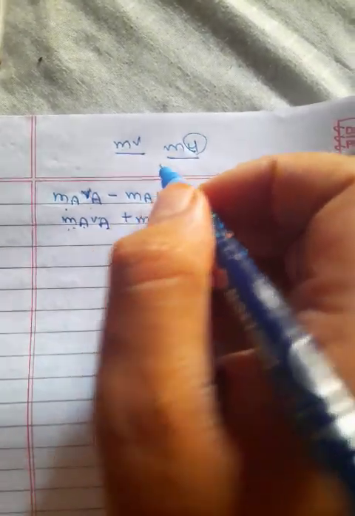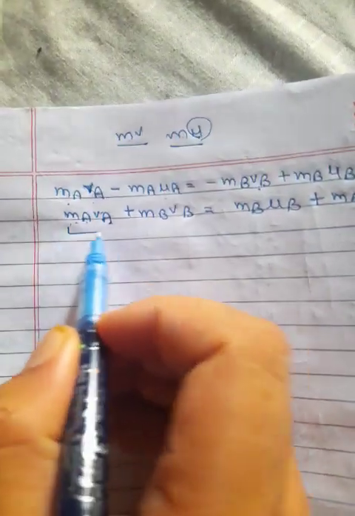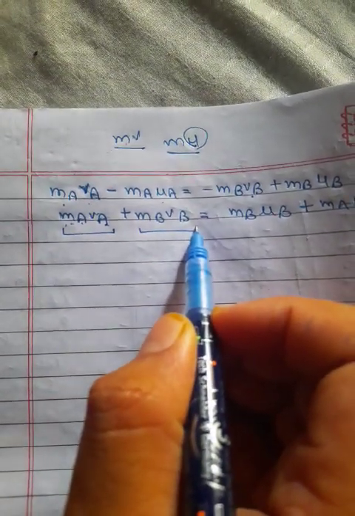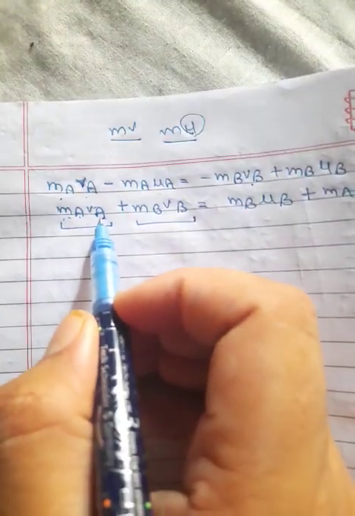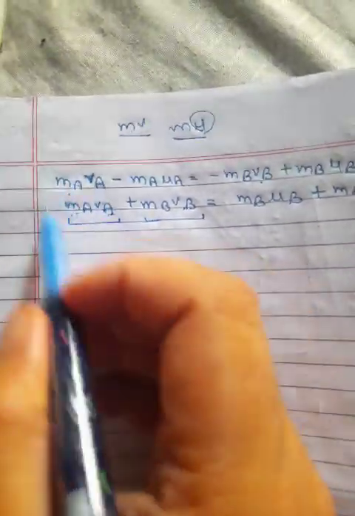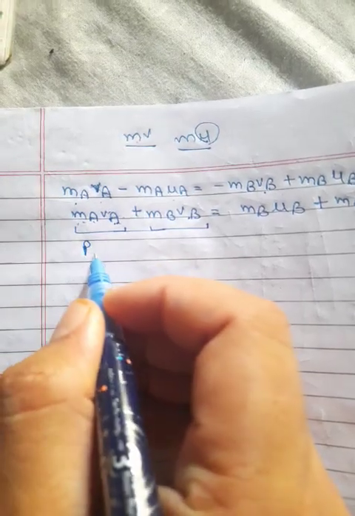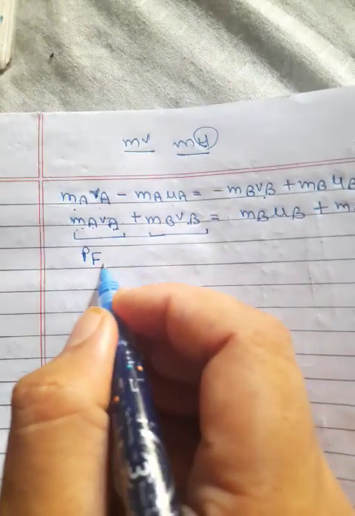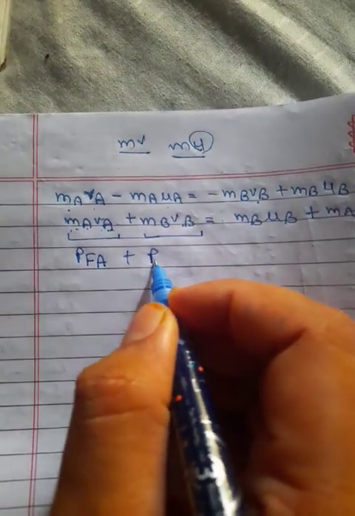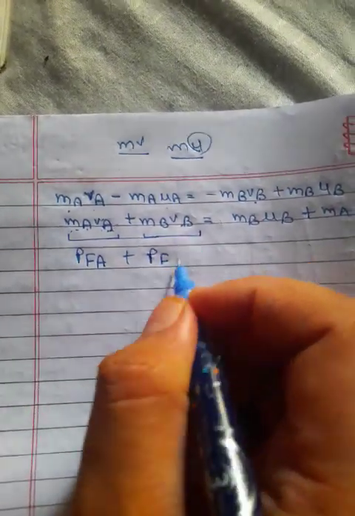So we can say MA VA, MB VB. This is the final velocity of object A and the final velocity of object B. So this is the momentum: final momentum of object A, P means momentum, final momentum of B object.